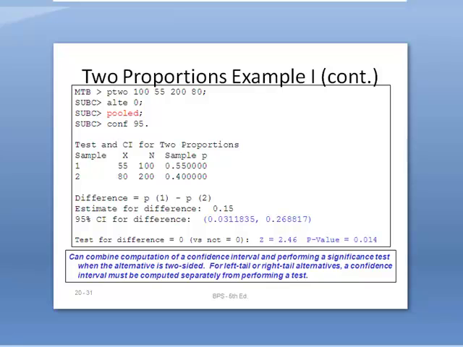And what would come out when we hit enter is we'd get our sample size along with our number of successes, and then we'd see our P1 hat and P2 hat. And then it would tell us what our 95% confidence interval is. And after that, we'd see our test statistic, 2.46, and the p-value, 0.014. And those are very similar to what we calculated ourselves.